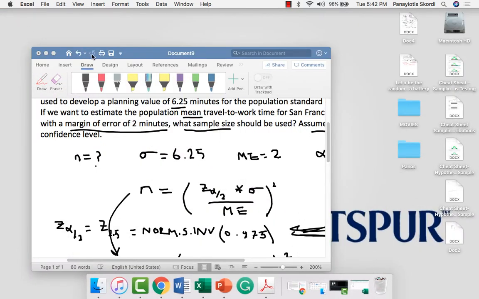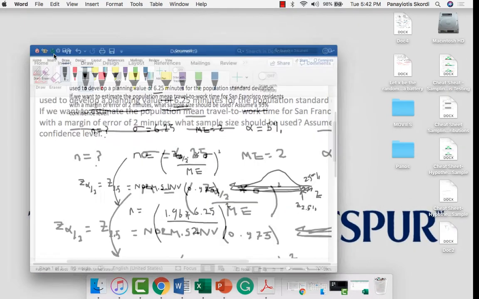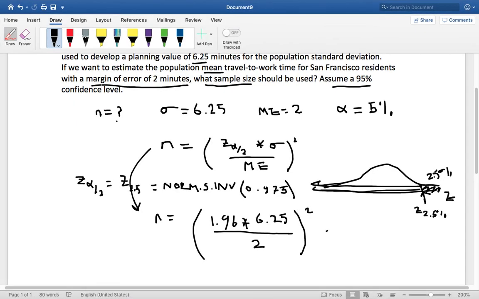So let's go back to here and say that this is actually coming to about 37.5, but we can't pick a sample of 37.5. We don't want to have a sample of 37 because 37 is not large enough.